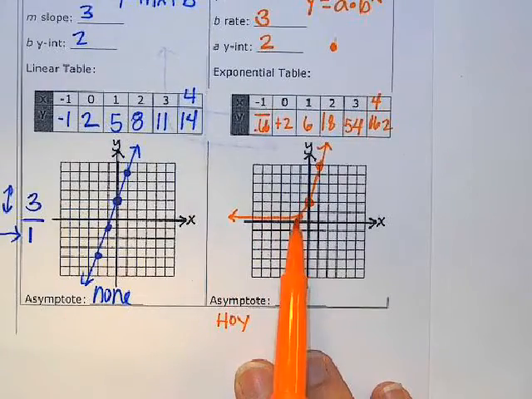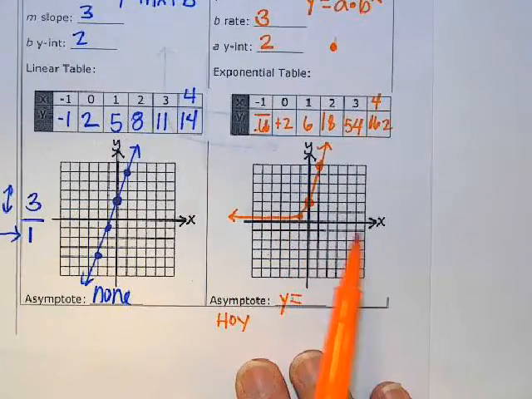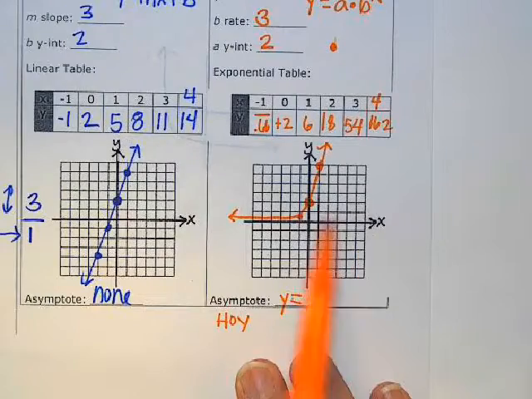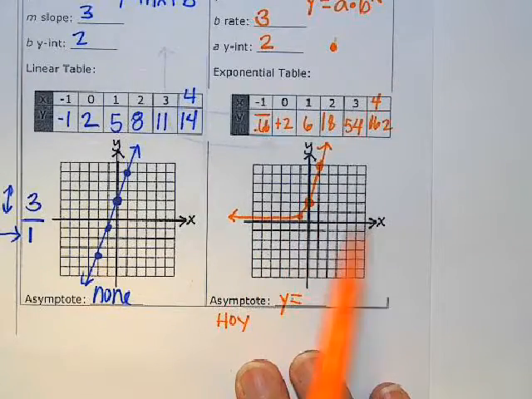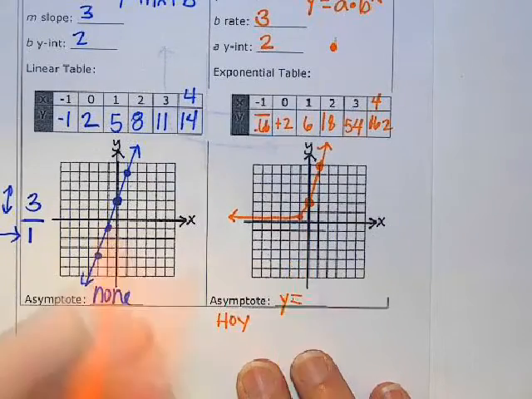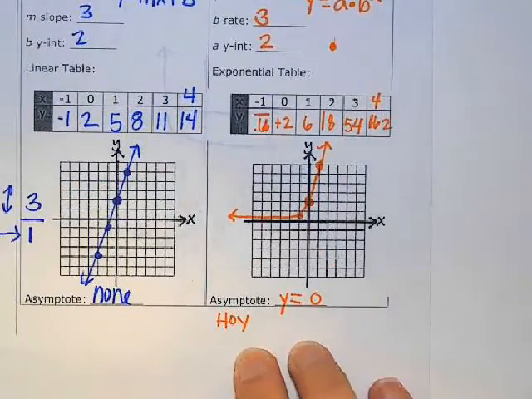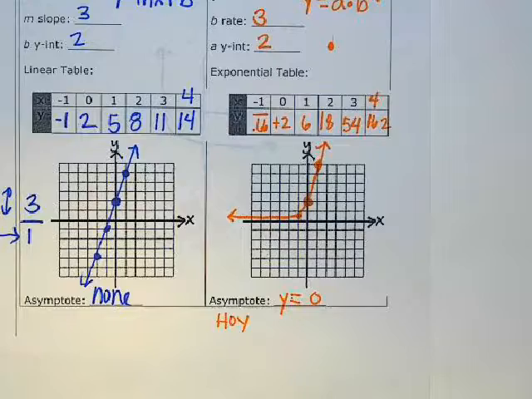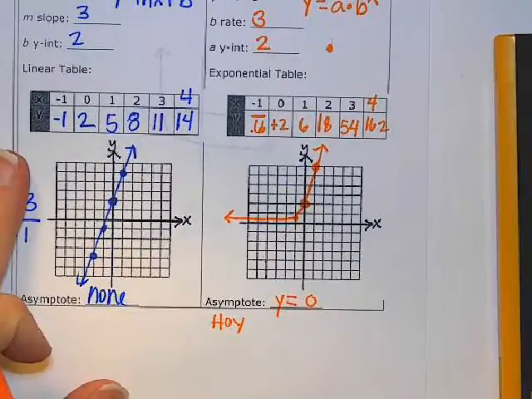It touches 0.66. What does it not touch? 0. For the y, it's the x-axis. Well, the x-axis for y equals is at 0. So it's y equals 0. So it's never going to touch the 0, which is the x-axis.